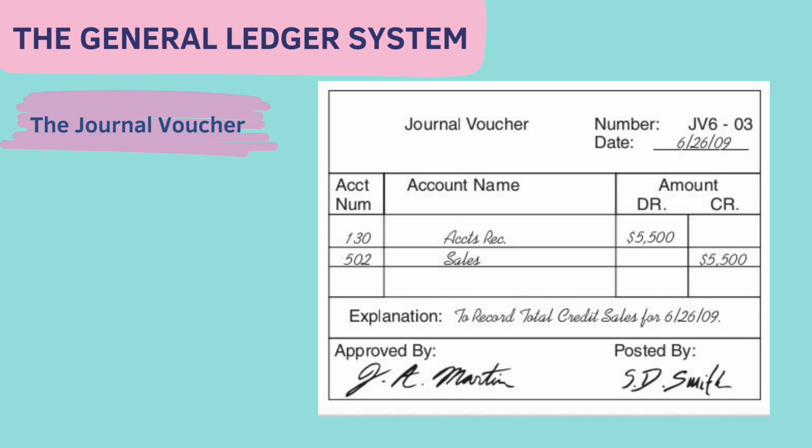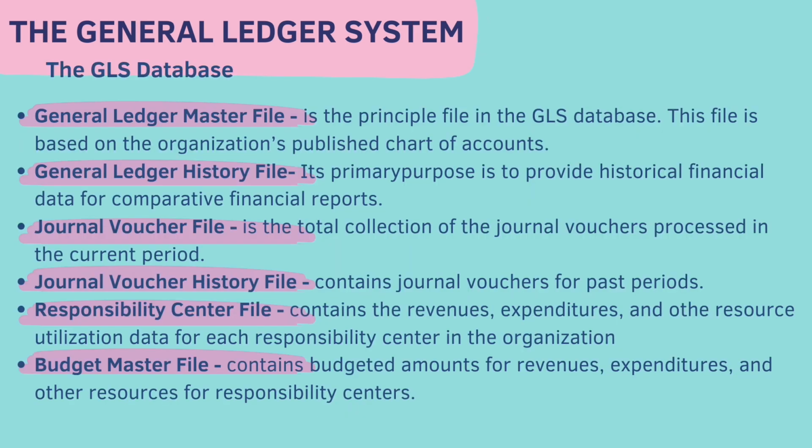So, it is used for various purposes including correcting errors and discrepancies in previous entries, adjusting accounts due to changes in estimates or circumstances, recording non-standard or infrequent transactions, and documenting complex transactions that involve multiple accounts.